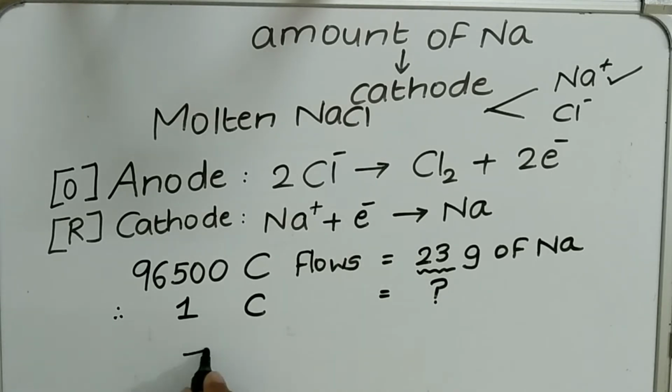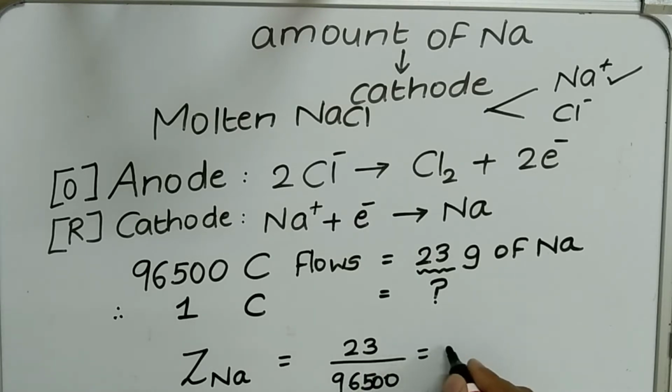The weight of sodium is equal to 23 upon 96,500, which if you calculate, you get 0.0002 grams. Why I made you do this question is because from here we will get one equation, one formula. So the weight of sodium deposited is 0.0002 grams.